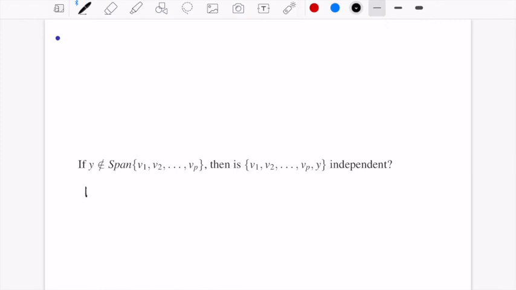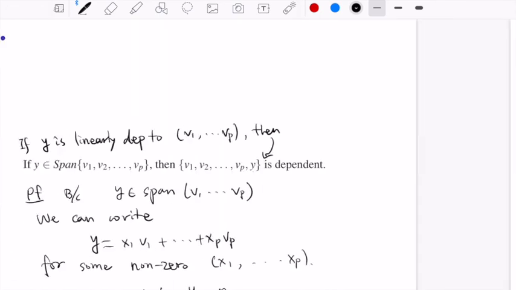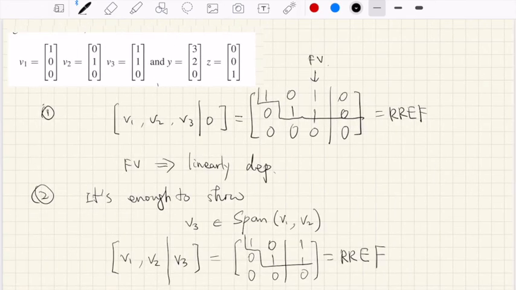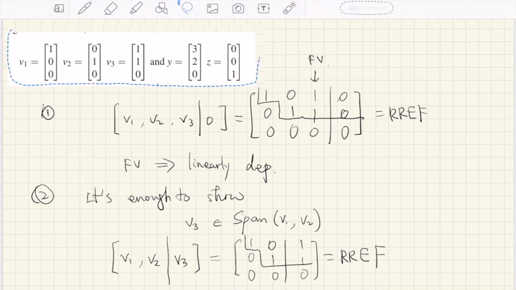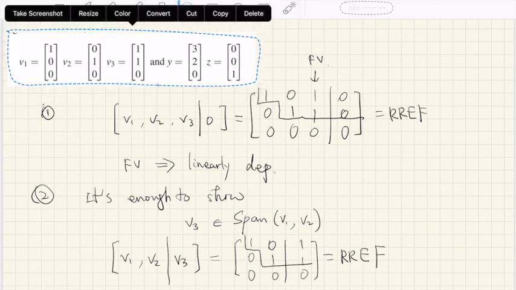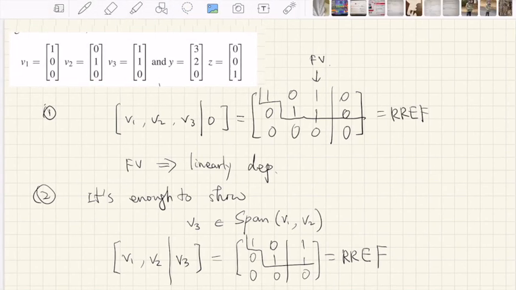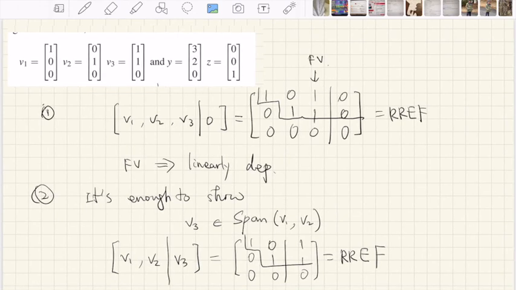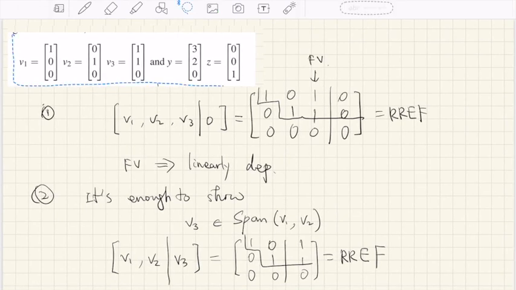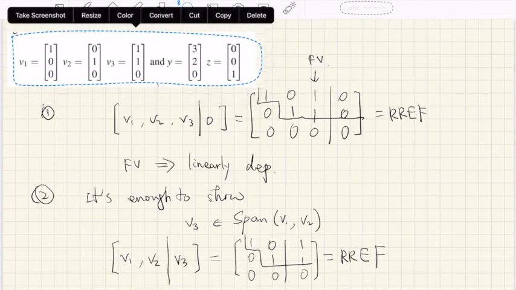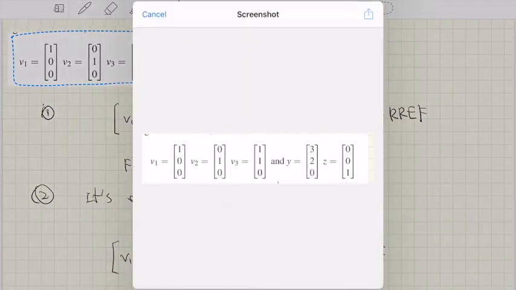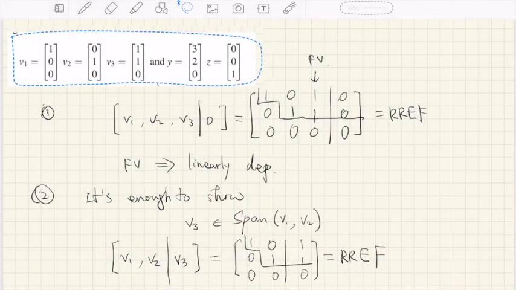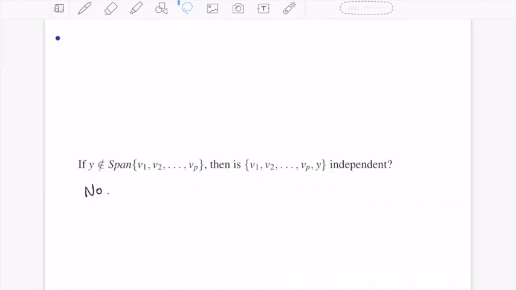The answer is no. So we can again look at the set given here. And I'm going to put it here.